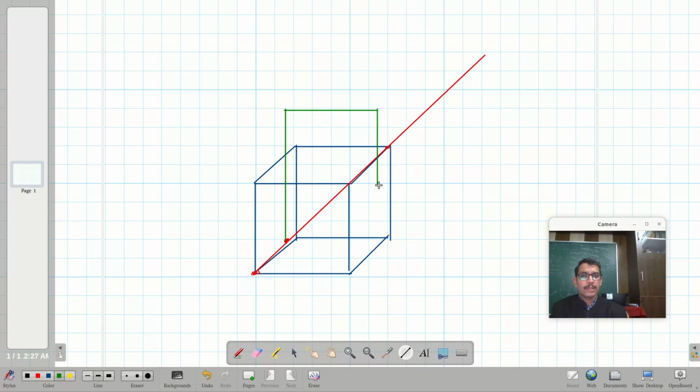Let us assume this is the 1/4 of the body diagonal.